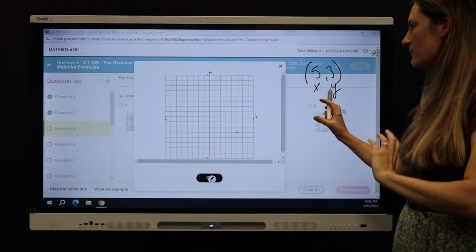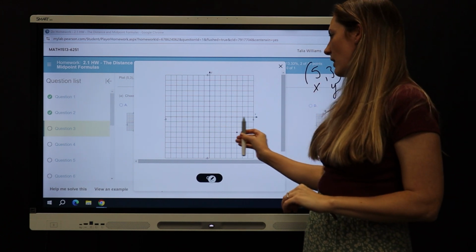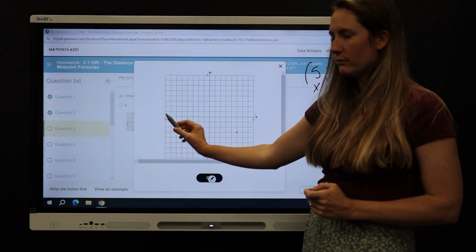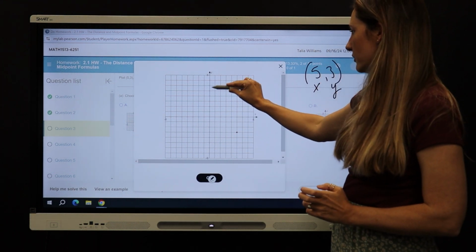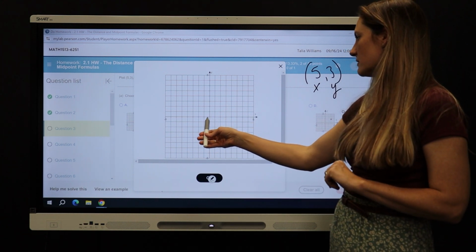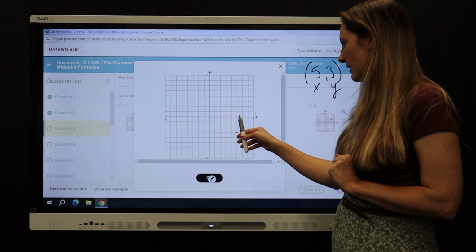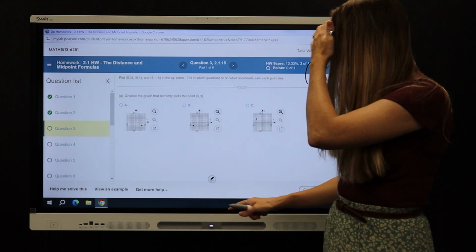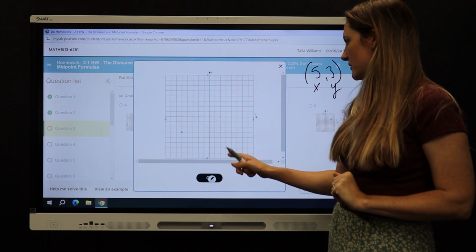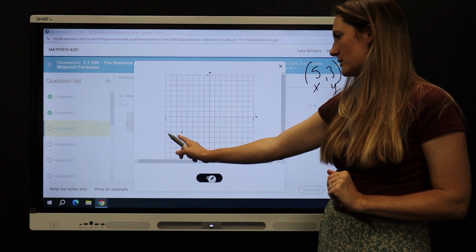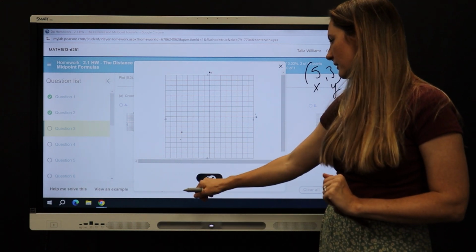A positive 5 would be right 5 from this (0, 0). Negative 5 would go left. Then positive 3 would go up 3, where negative 3 would go down 3. The point they have on this one goes right 5, but then they go down, so this would be (5, -3). This one goes negative 5 and then down 3, so this would be (-5, -3).